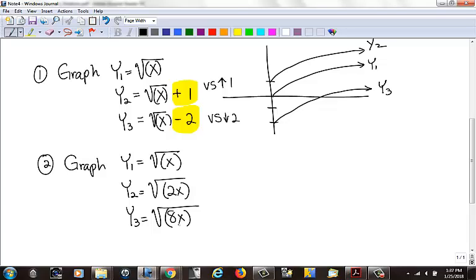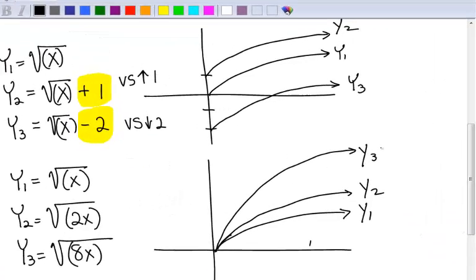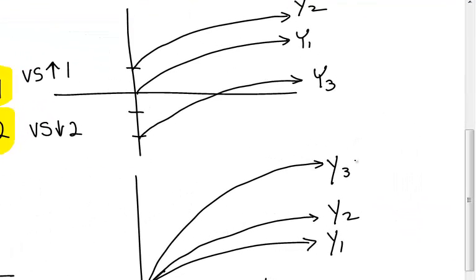Yep. So graph those. This would be the original y sub 1. This one took it up a little bit higher. Still starts at 0. This would be our y sub 2. And this one goes up a little bit higher. Our y sub 3. It did not do a vertical shift.